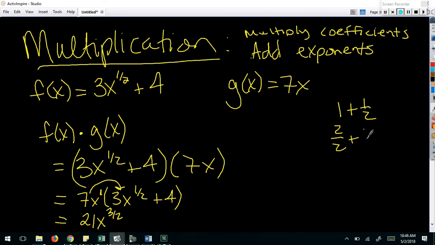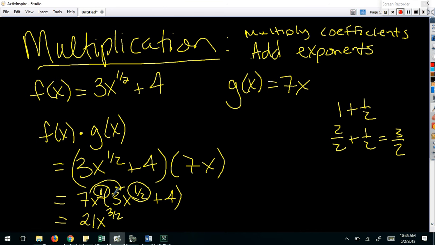Yeah, but I thought that was 2 and not 1. 7x times 3x is 21x squared, which means it's going to be a 2 at the top. You can't, because you have to add 1/2 and 1.